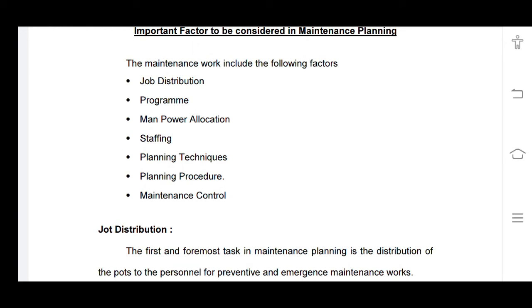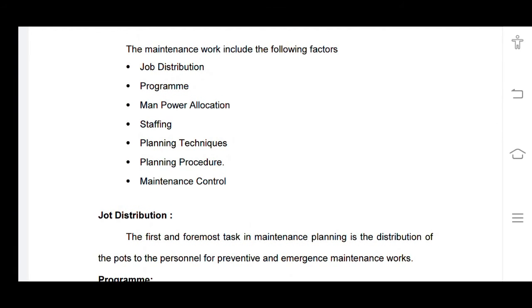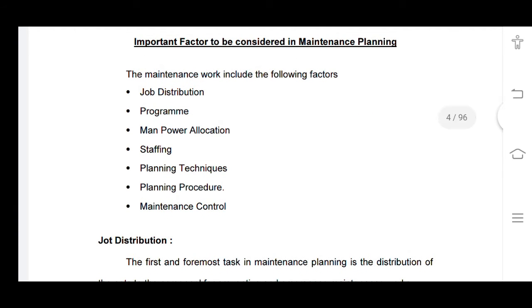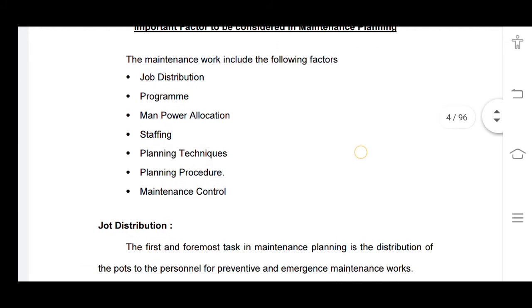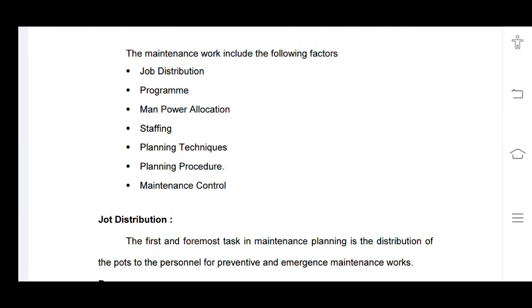In a vehicle, you know that there are head gaskets and brakes, and there are other parts. So you have to maintain them according to their role. I hope you understand the concept of maintenance.